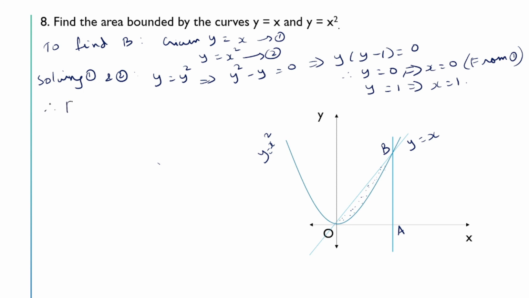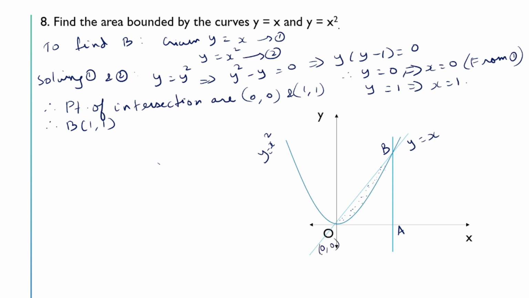Therefore, the points of intersection are 0, 0 and 1, 1. Therefore, the coordinates for B is 1, 1. So, these are the points of intersection. It means this point A is nothing but 1, 0.